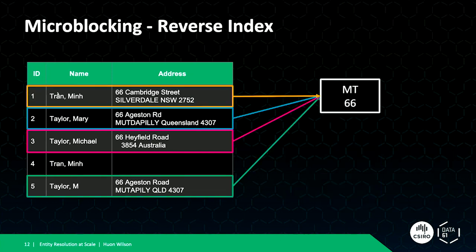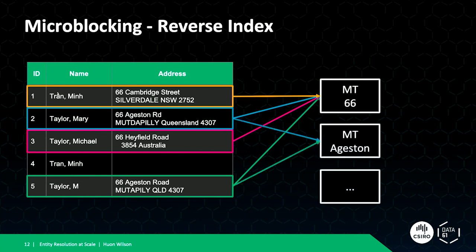Once we've done this for every record, we create a reverse index, or the set of records that generate each candidate signature. So for MT66, we see that records 1, 2, 3, and 5 were the ones that correspond to it, the initials plus the words from the address. For other signatures, it will be different. So for MT Egerston, we have 2 and 5.